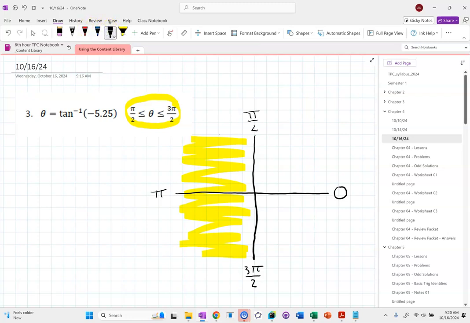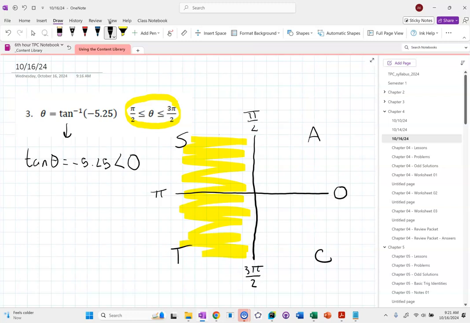The next thing I'm going to do is look at my inverse function. If theta equals tan inverse of negative 5.25, that tells me that tangent theta is equal to negative 5.25. Or really what I care about is that tangent theta is negative. So if I go back to my All Silly Turtles Crawl, that tells me what trig function is positive in each quadrant.